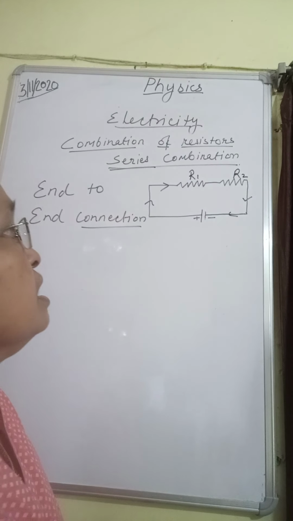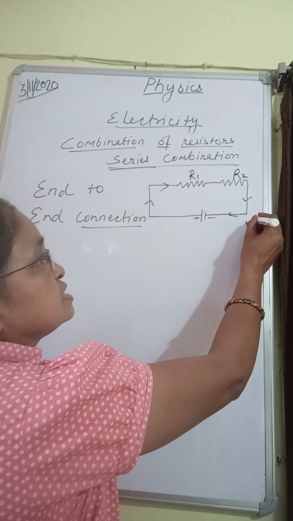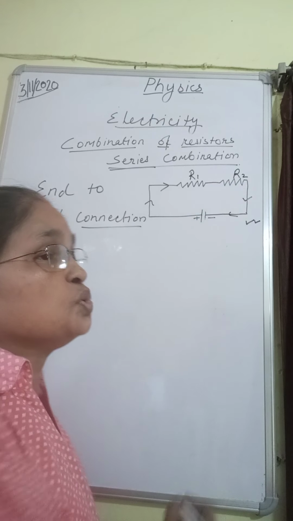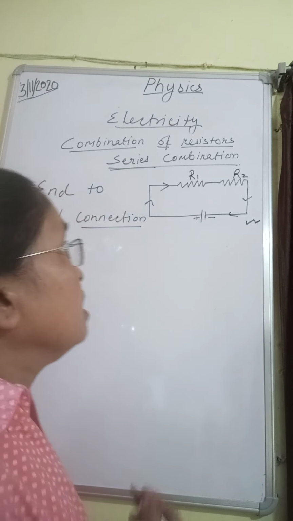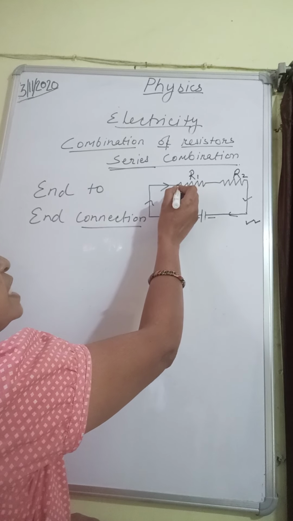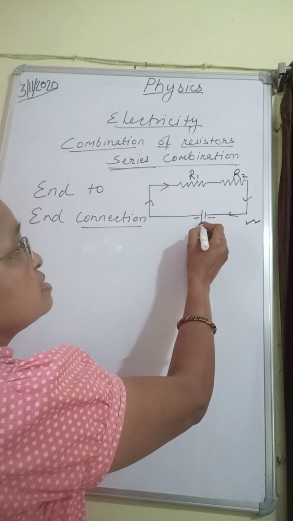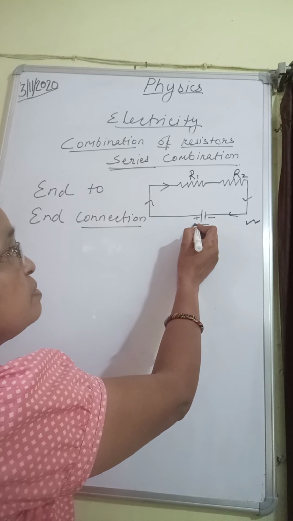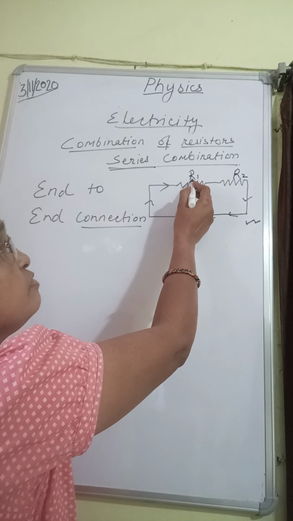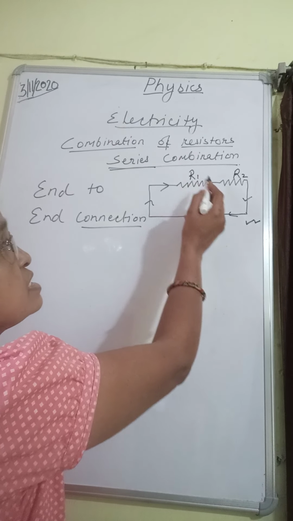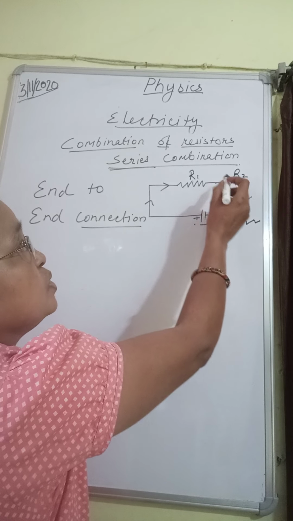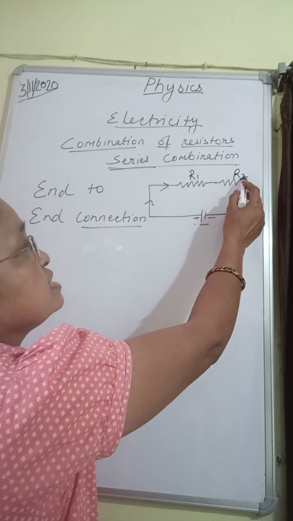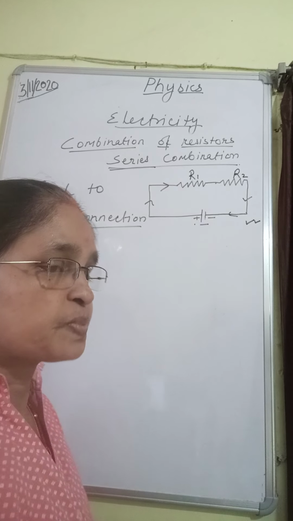Just see, I have shown here one circuit. It has two resistors. The first end is connected to the positive terminal of the cell. The second end of R1, that is the first resistor, is connected to the first end of the second resistor.